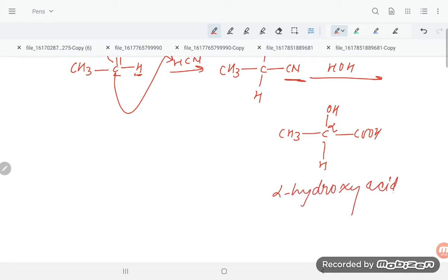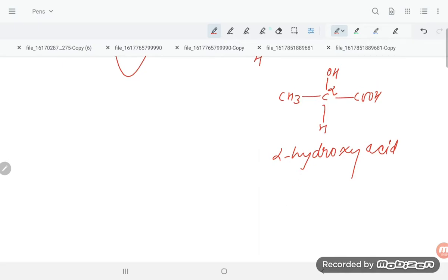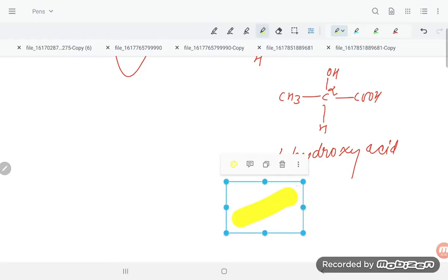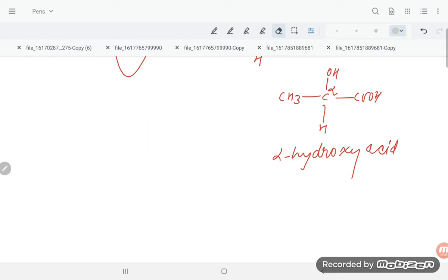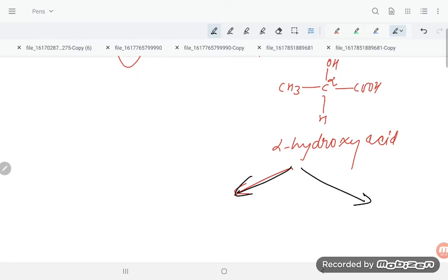Now how can it be a racemic mixture, students? It can be drawn with two structures. In one case the OH group is on one side, in the other case on the other side.